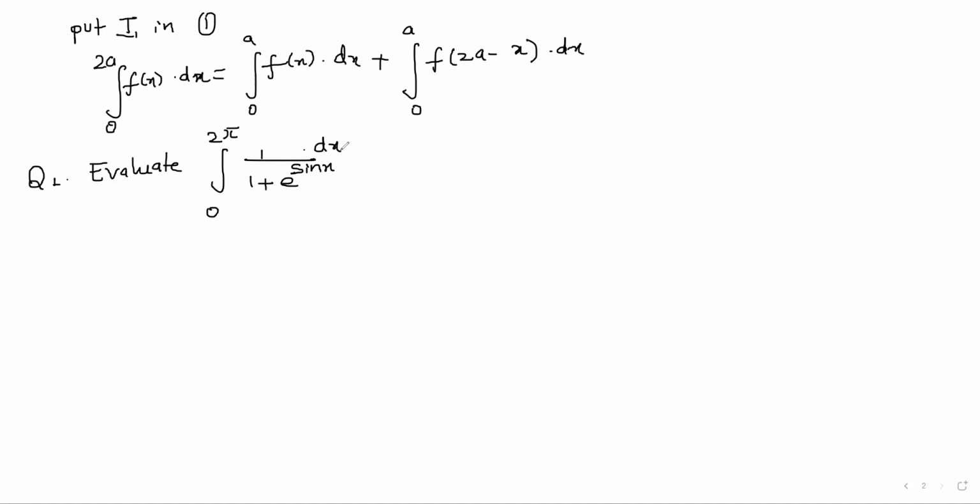No, Mitri, this is not 2 pi. This is pi. Pi, very good. Please start the next one. Question 2. And it's 0 to pi, 1 plus exponential cos x dx.